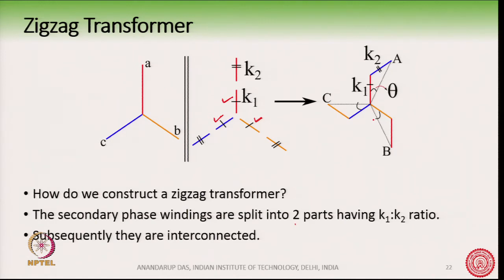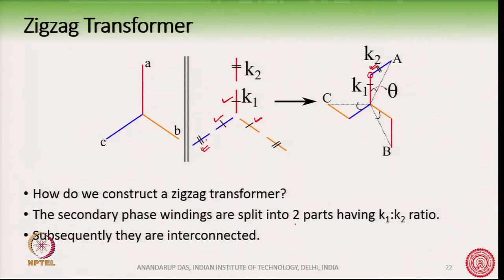Now, we take, for example, this winding of the C phase. We take this winding here and put it here, okay, and we connect them together. So, we have connected them together here. Okay.